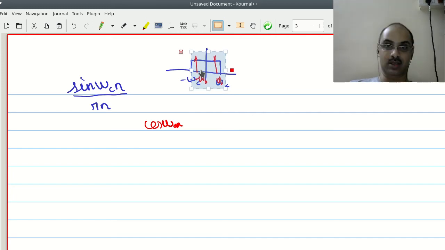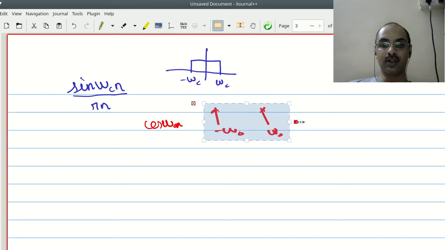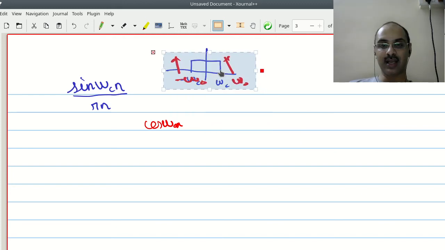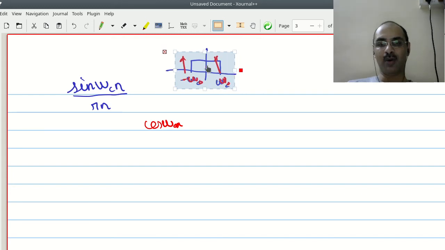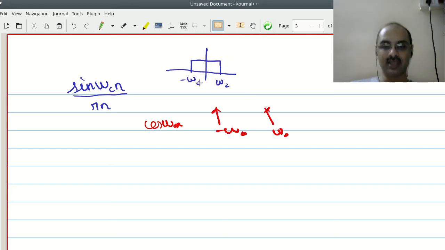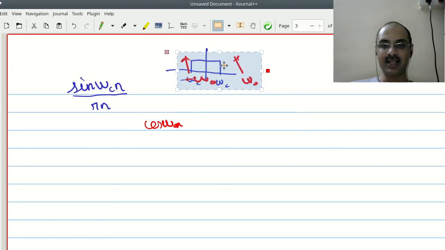But if the two impulses are outside this omega c, the output is going to be 0, because you are exactly going to multiply the impulses by 0 and you're going to get 0. But the trouble happens when we have this borderline case where the omega c essentially matches the omega naught. What happens when the omega c matches the omega 0? What happens when you pass this through the filter? Okay, that is something which we can see.